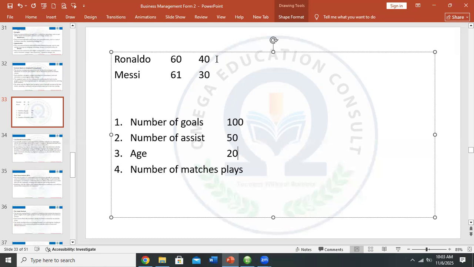So in terms of age, Ronaldo should score like 15, whilst Messi will score like 5. The number of matches played, maybe we peg it at a score of, say, 150. And out of that 150, we are expecting Ronaldo to score, let's say, 120. Messi will, let's say, do 110.